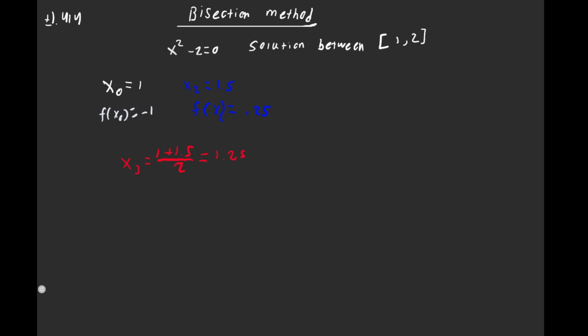And that gives us our next value to test, which is going to be f of x sub 3, where we get negative 0.4375. And we will also make a little graph on the side.